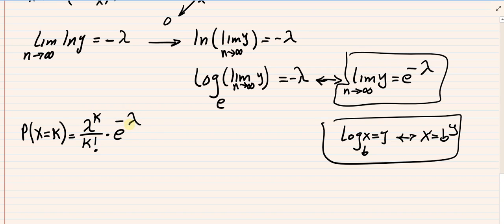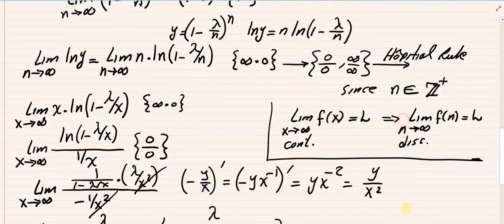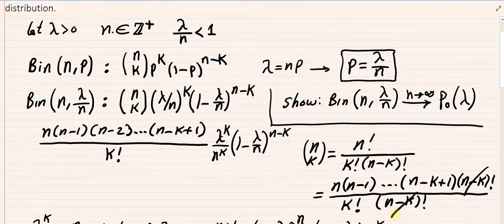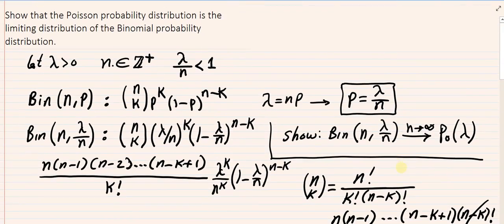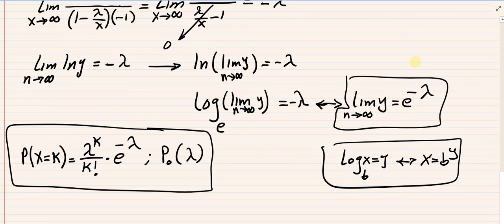And indeed, this is the probability distribution for a Poisson with parameter lambda. So we just showed what we wanted to show. Therefore, we just proved that the binomial distribution approaches a Poisson. So we say Poisson is the limiting distribution of the binomial, provided the assumptions are true here. And that concludes the derivation of this theorem.